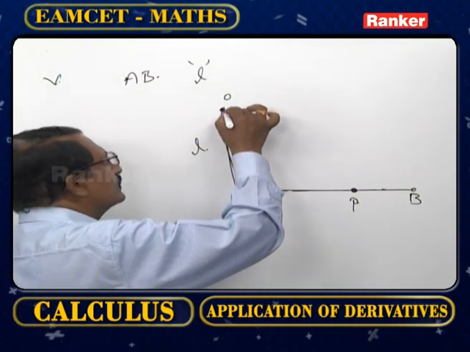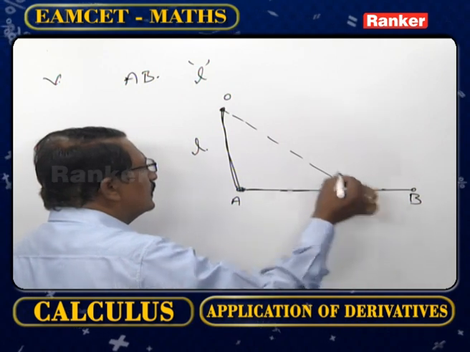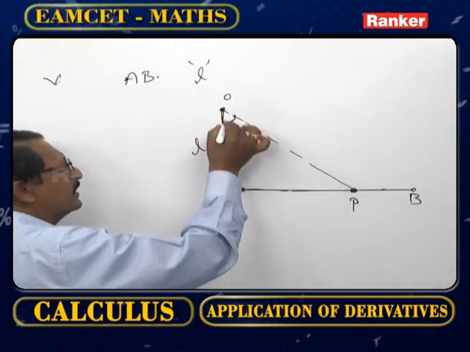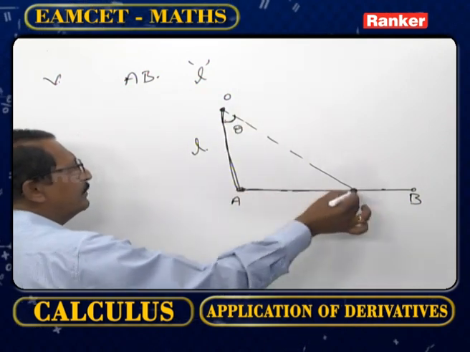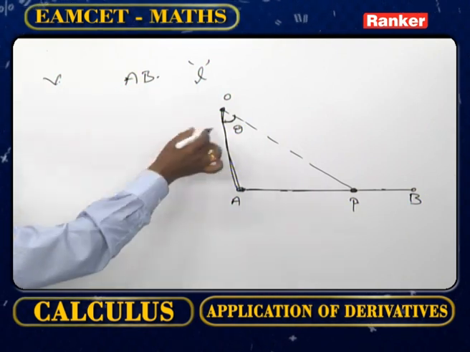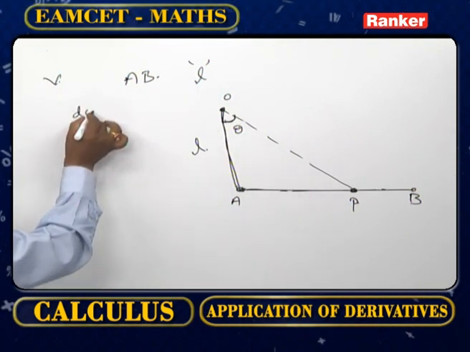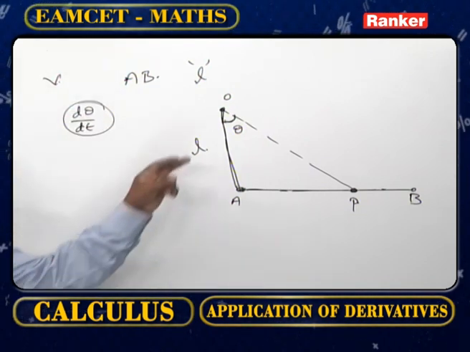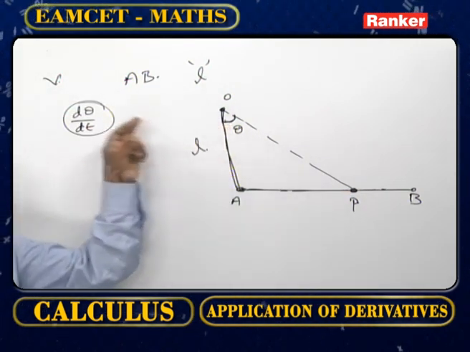Now the required angular velocity of P about O. If AP subtends an angle theta at O, the angular velocity of P is d theta by dt.